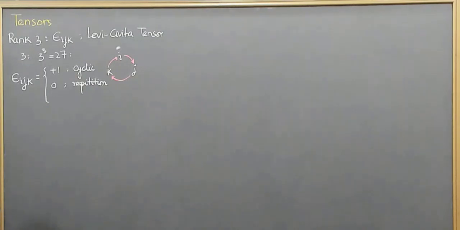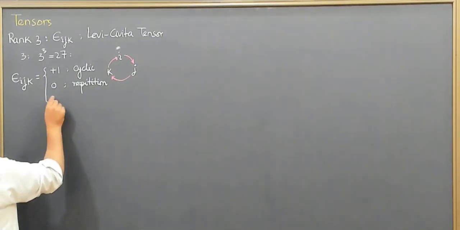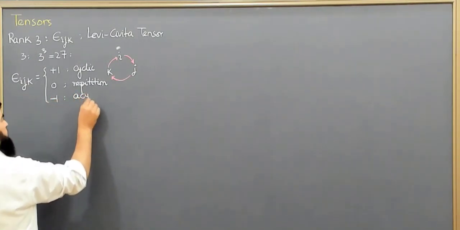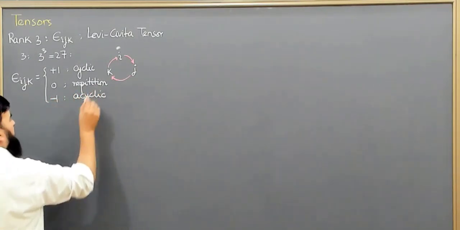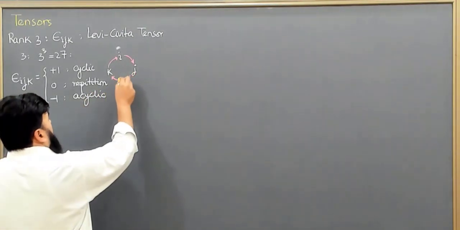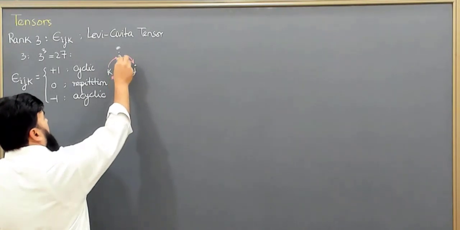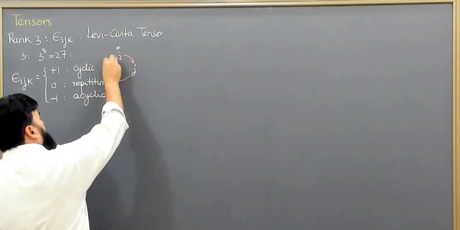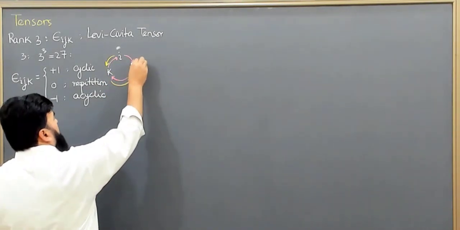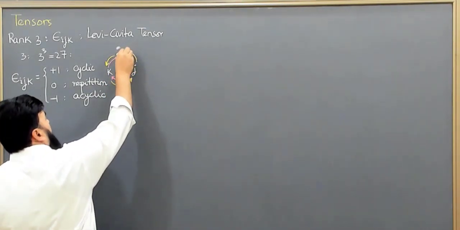So repetition gives 0, and it will be equal to -1 if the permutation is acyclic or anti-cyclic, meaning they are in the reverse order. For example, from i to k, from k to j, and from j to i.